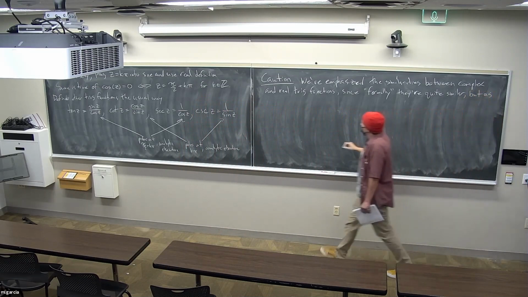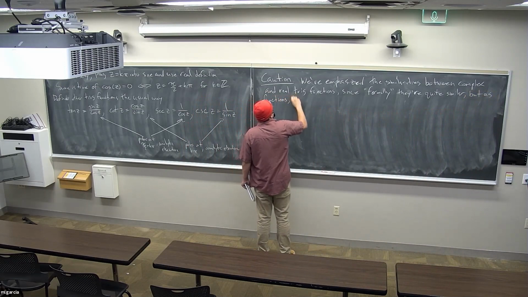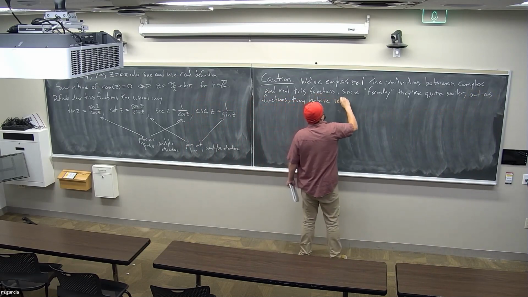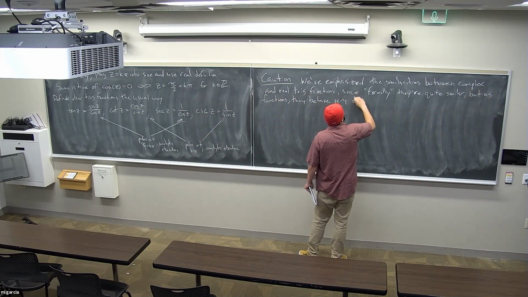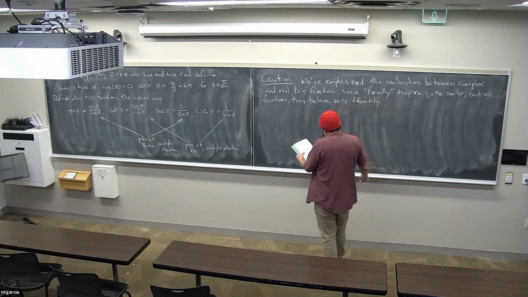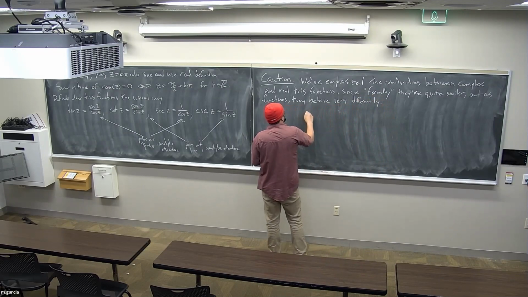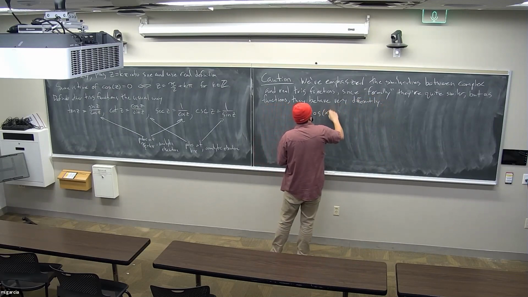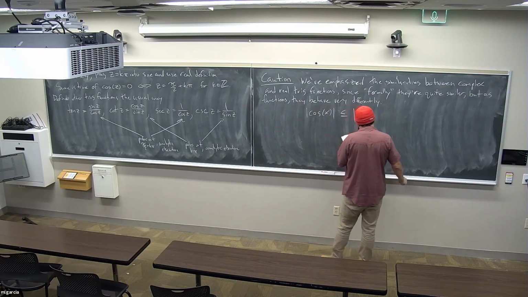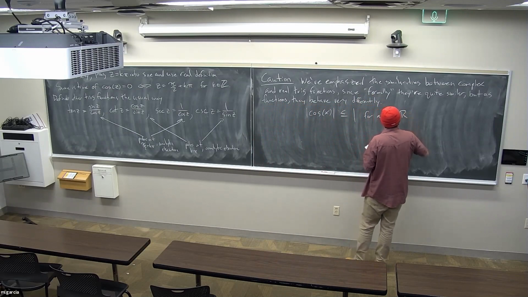But as functions, they behave very differently. For example, the absolute value of cosine of x is less than or equal to 1 for all real x.